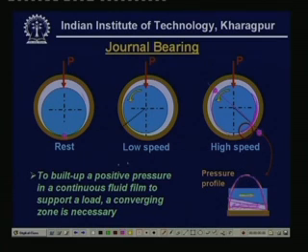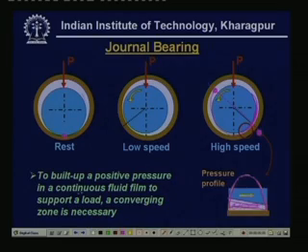So, the summary of this idea is that to build up a positive pressure in a continuous fluid film to support a load, a converging zone is necessary, and that is the concept of the journal bearing. So, what is that?